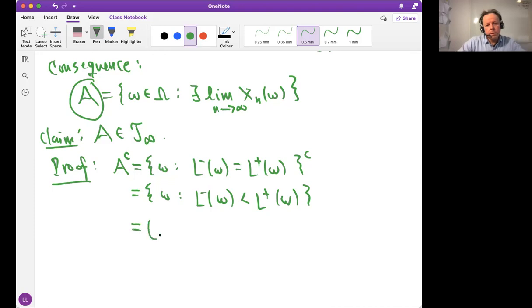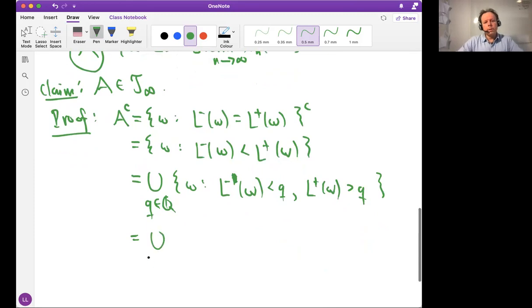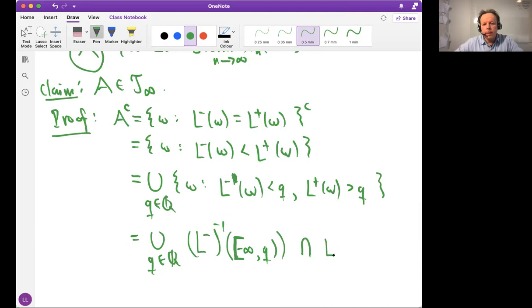So we can write this as the union over all rational numbers Q of the event that L minus omega is less than Q, and L plus omega is bigger than Q. This is the union over rational numbers of the pre-image by L minus of the interval from minus infinity up to Q, where we include minus infinity, intersected with the pre-image by L plus of the interval from Q up to infinity.